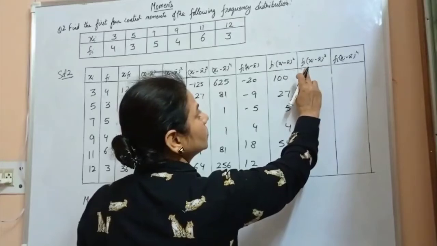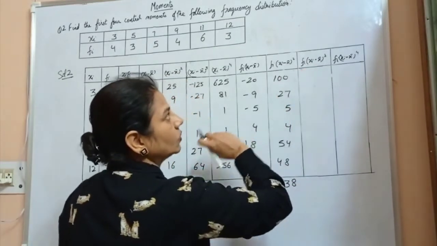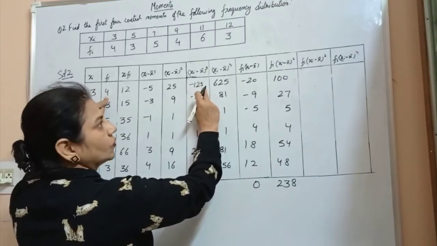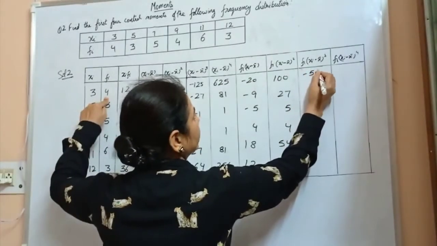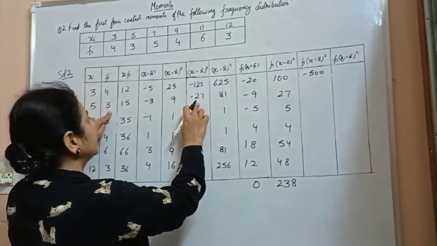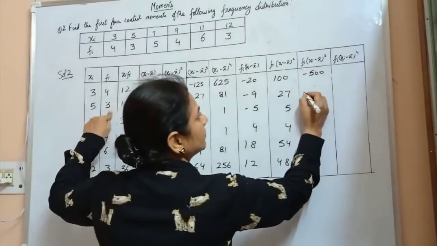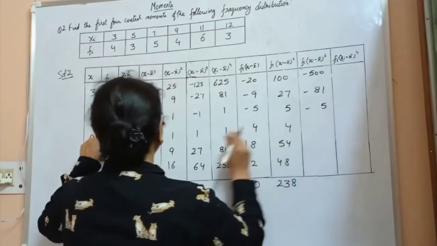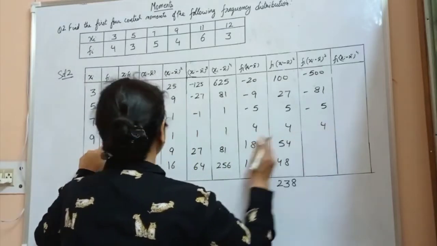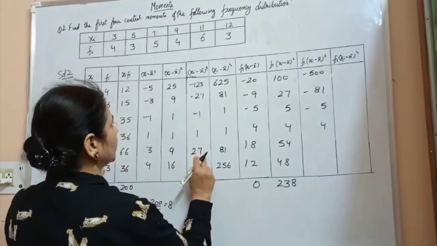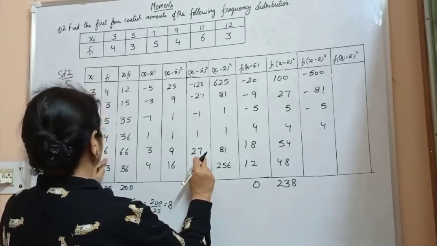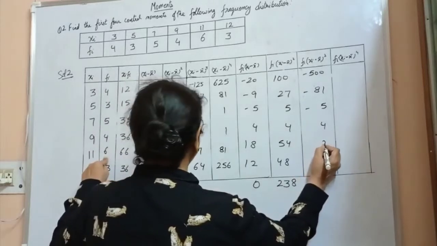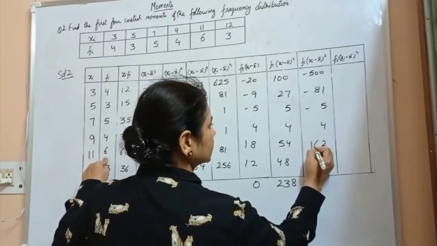Then again, fi into xi minus x bar whole cube. 125 into 4 gives us minus 500. 27 into 3 is minus 81. 5 into minus 1 is minus 5. 4 into 1 is positive 4. 6 into 27 is 162.